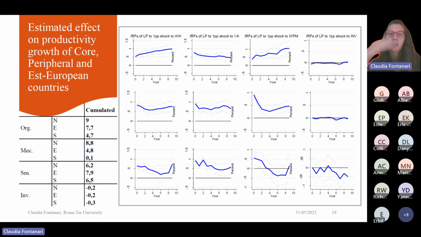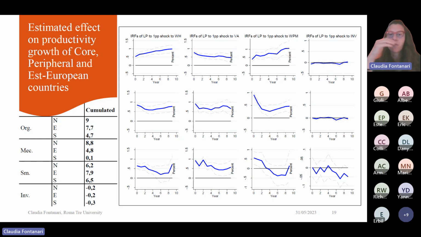And each column is a determinant. Again, investment is barely significant, while the Smith effect, the value-added effect, is always positive and persistent in all groups of countries. We observe some spatial disparities exactly in the effect of labor cost.